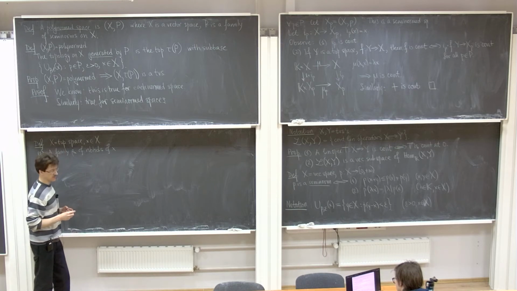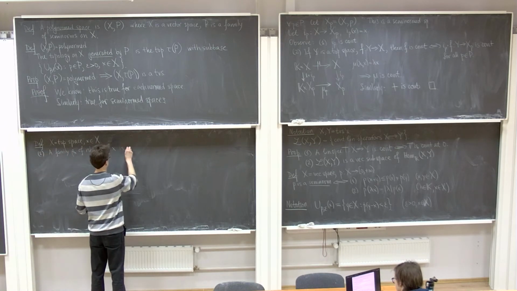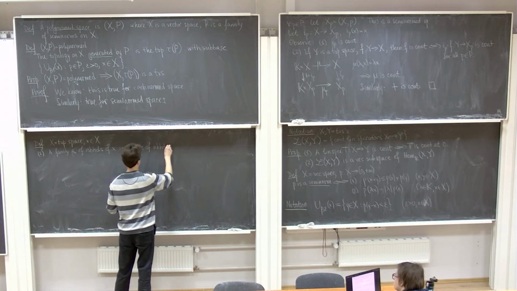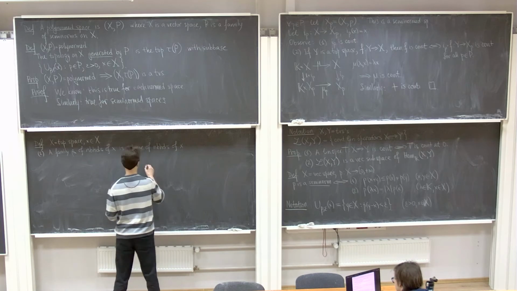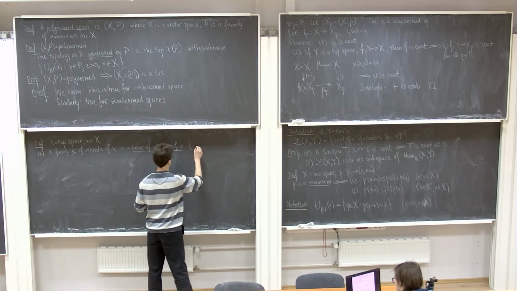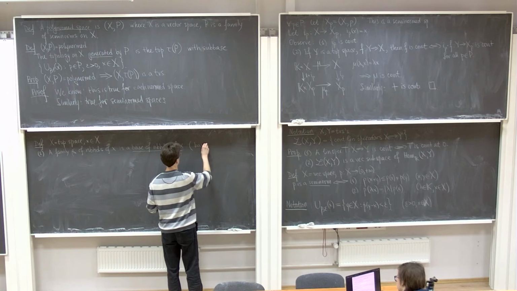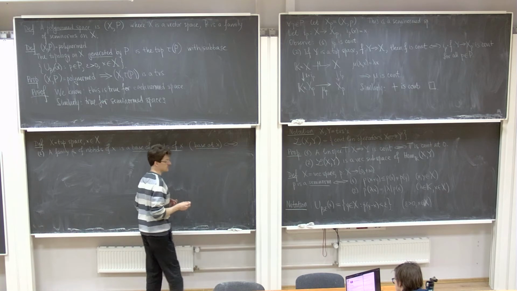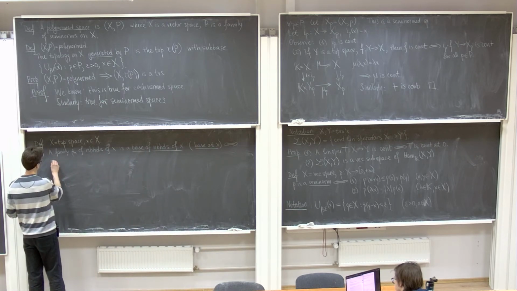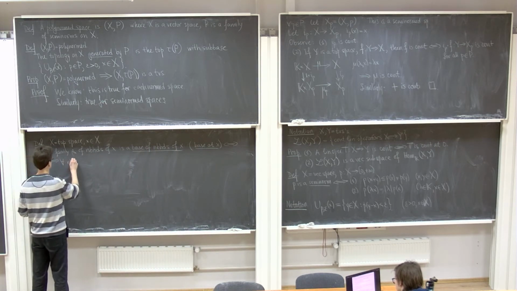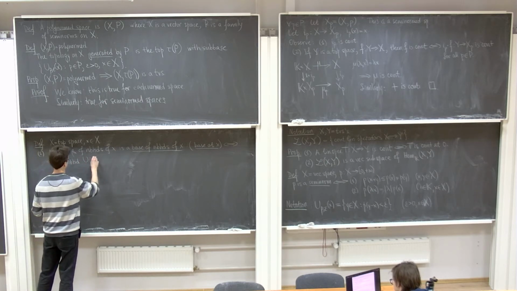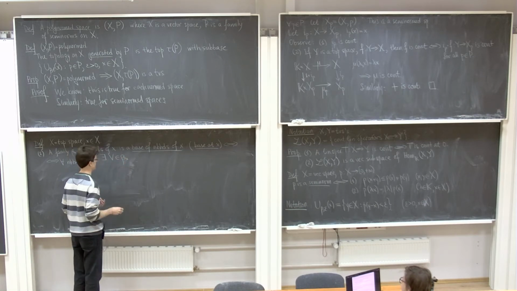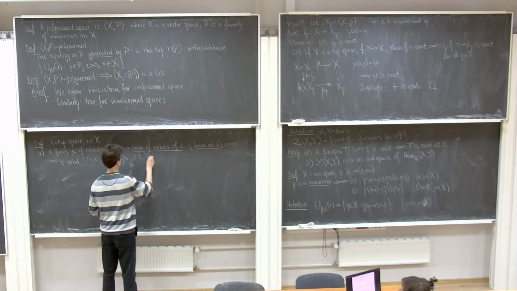We say that this family is a base of neighborhoods of x, or shortly just a base at x, if the following condition holds: for each neighborhood U of x, there is another neighborhood V from this family such that V is contained in U.